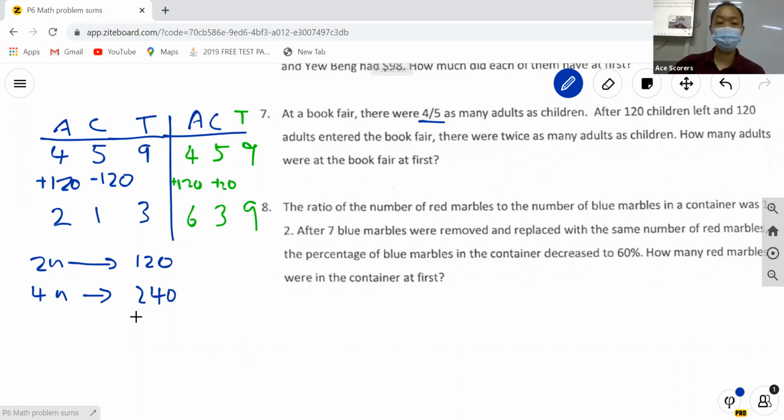So there were 240 adults at first, and that will be question number 7. So this is a quick recap of our before and after, where the total does not change. And how do we know the total doesn't change? Because we added and subtracted, right? So we end up the same.